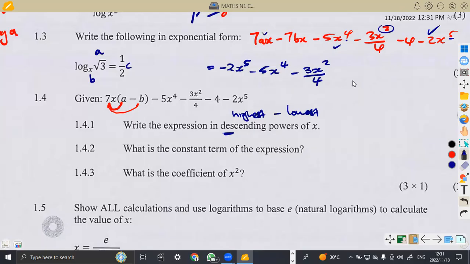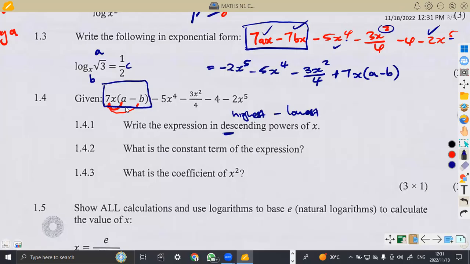These 2 can just be together. If you were to expand the brackets, you write it as it is, or you can just leave it in the manner that it was, which means you can write it as plus 7x into (a minus b). Then we have got a constant, which is -4. So that was the answer in descending powers.